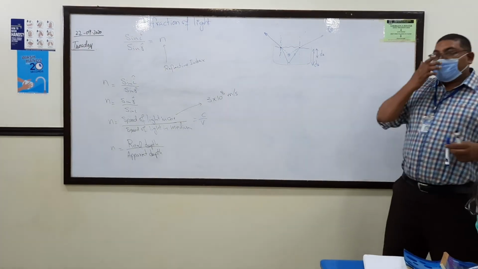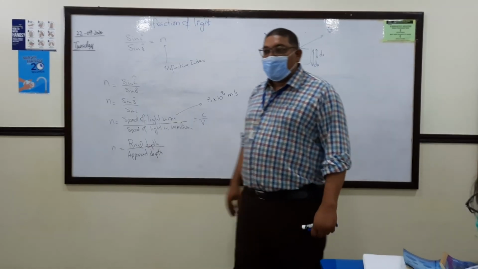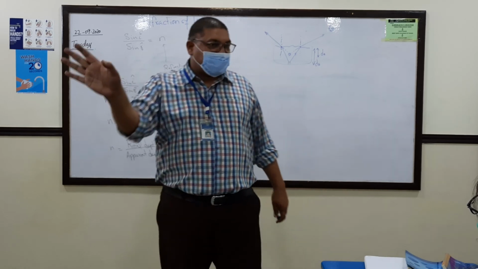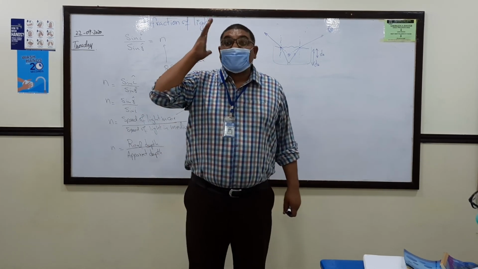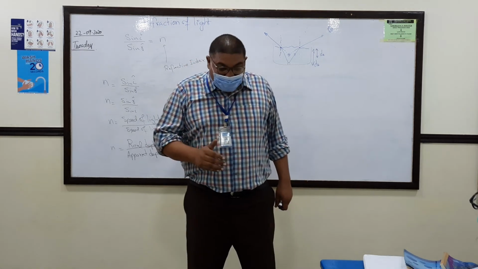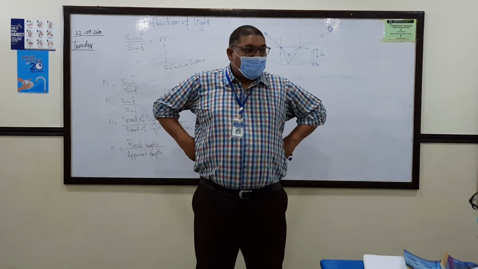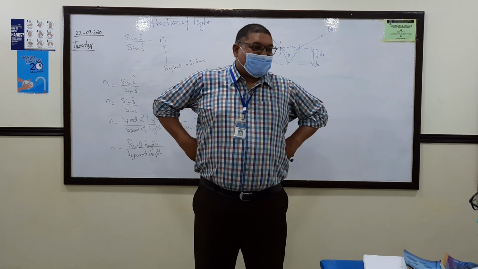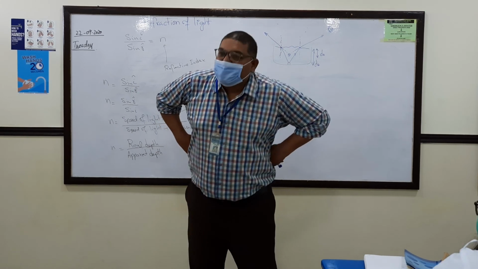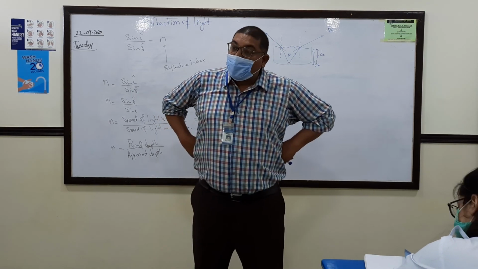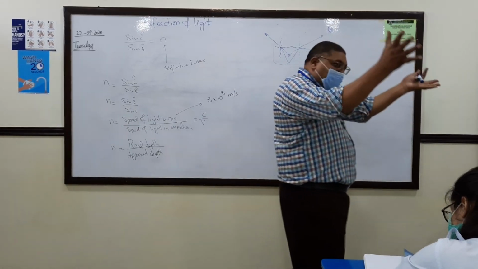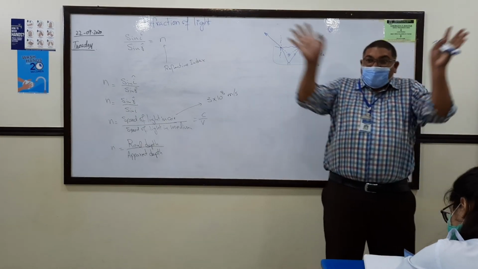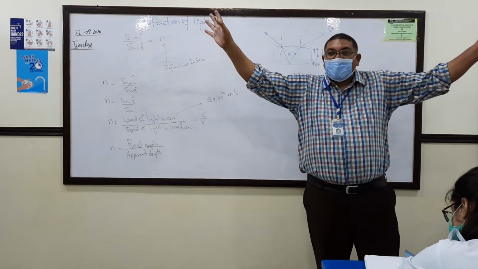Whenever you are standing outside a swimming pool or any pond or stream, the depth which you perceive is always less. The real depth is always more. This happens because when the light comes out of water, it bends away from the normal.